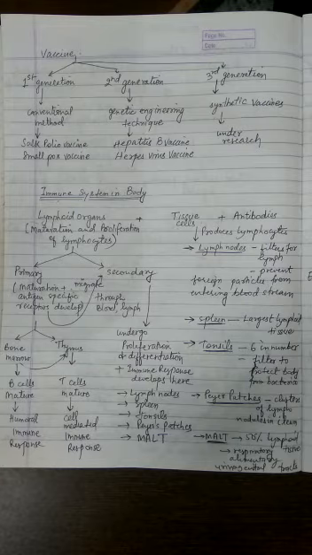So if anybody asks which tissue forms 50% of all the lymphoid tissue, the answer should be MALT. And they do not serve as filters of the lymph.